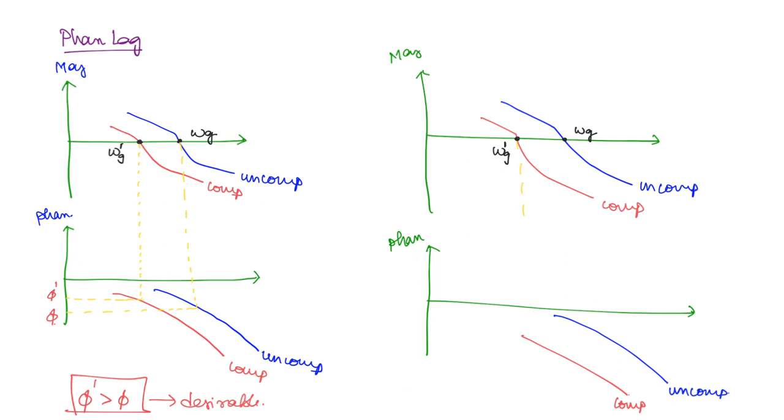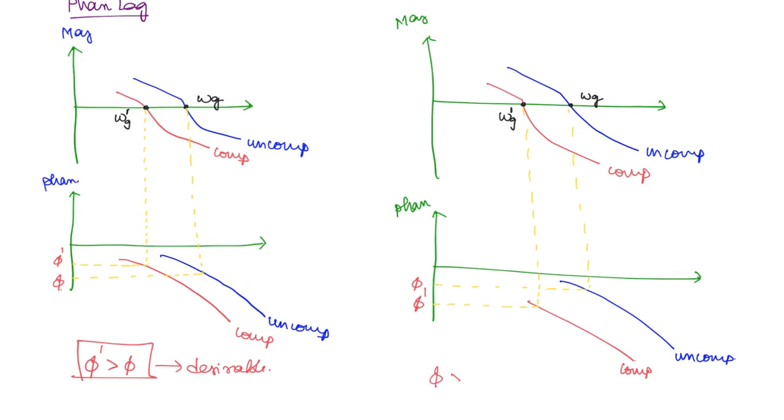Now if you find out the phase, this is going to be phi dash, and similarly from here if you draw, this is going to be phi. So you can see here this is the undesirable case. Why? Because phi is greater than phi dash.